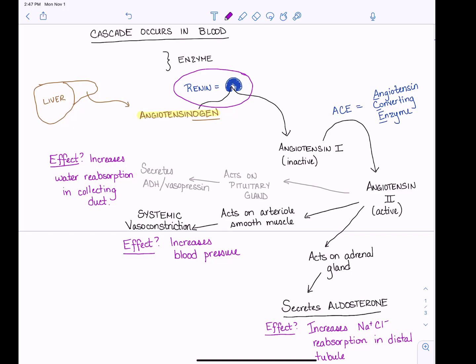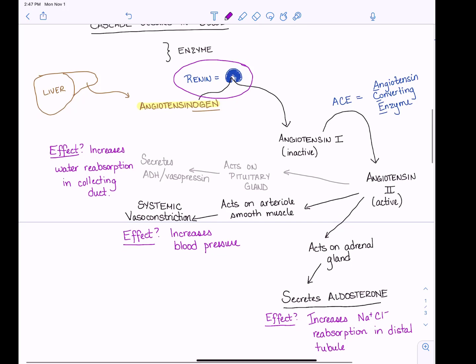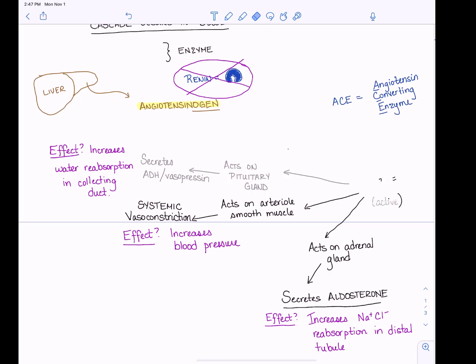Renin is secreted by the kidneys. When renin is present, this pathway moves forward. But when renin is absent, then angiotensinogen cannot be converted into angiotensin I, and therefore you cannot have angiotensin II, and therefore you do not get all of the effects that are listed here. So none of these things happen. So without renin, aldosterone is not secreted.